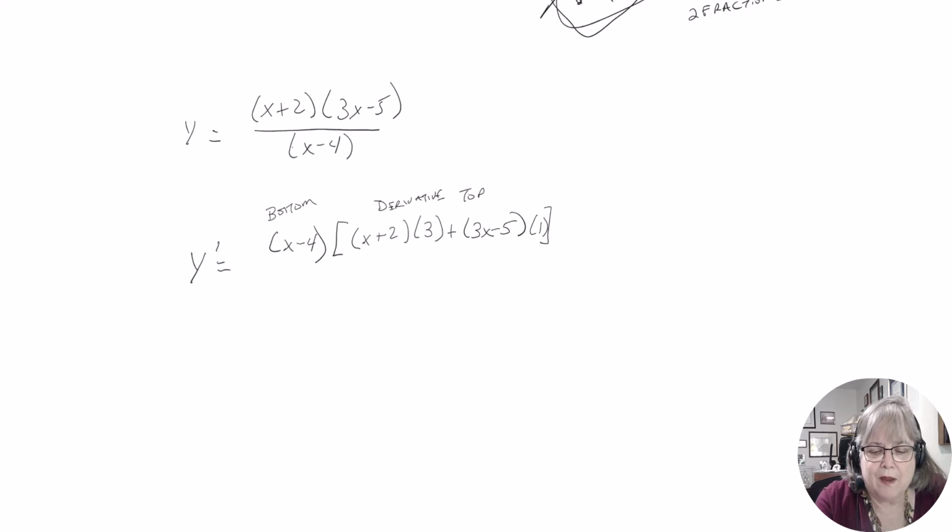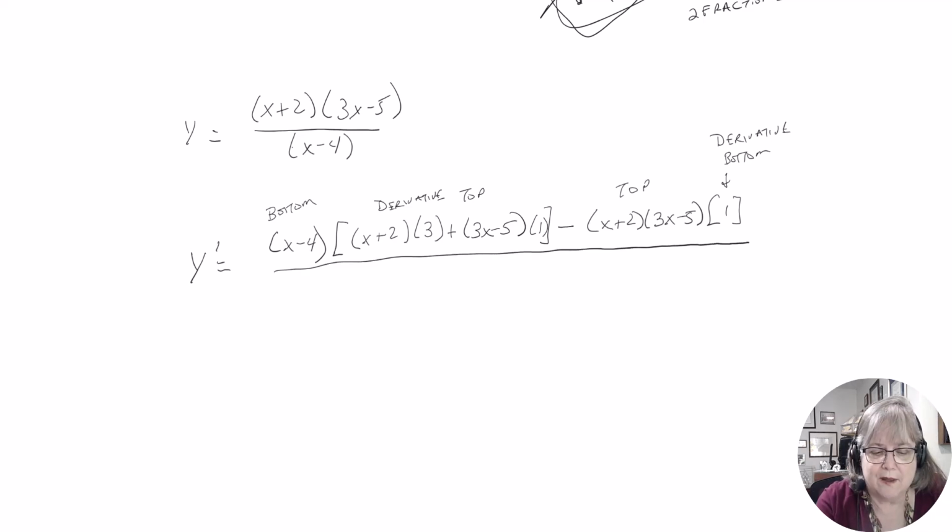Minus the top times the derivative of the bottom, which is 1. So here is the top times the derivative of the bottom. I can't even write derivative up there, but you get it. All over, don't forget this, the bottom squared.